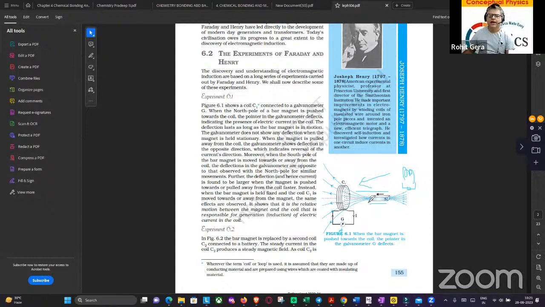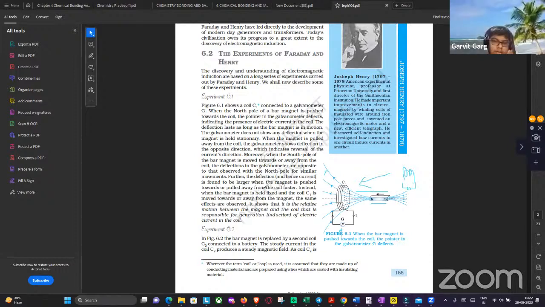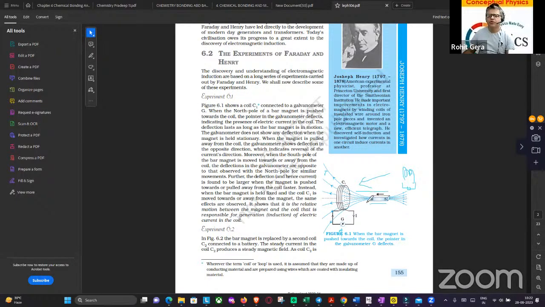As they bring it closer to the coil, the number of magnetic field lines that pass through the coil keeps on increasing. What they notice is if they bring the north pole close to this coil, the galvanometer shows deflection.